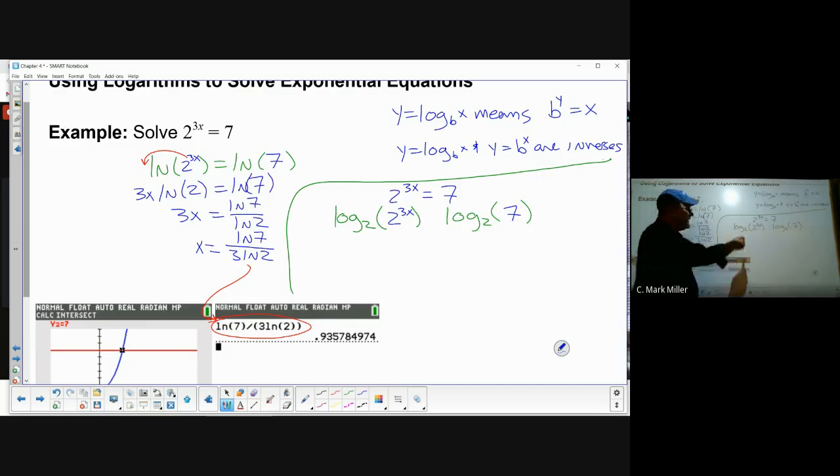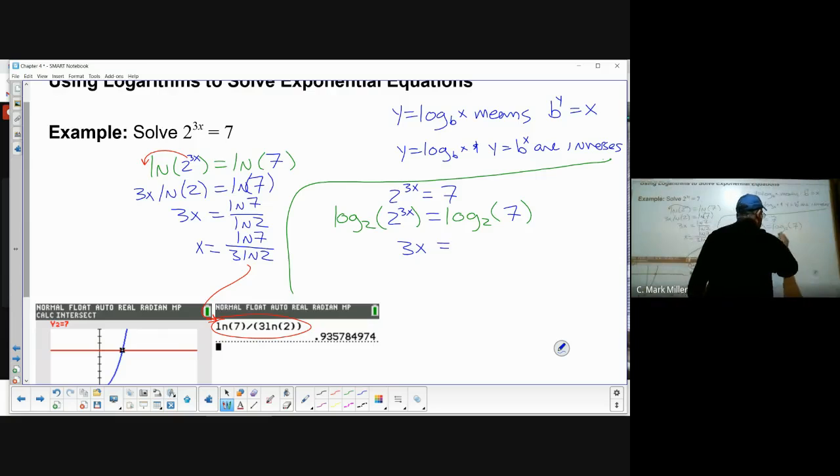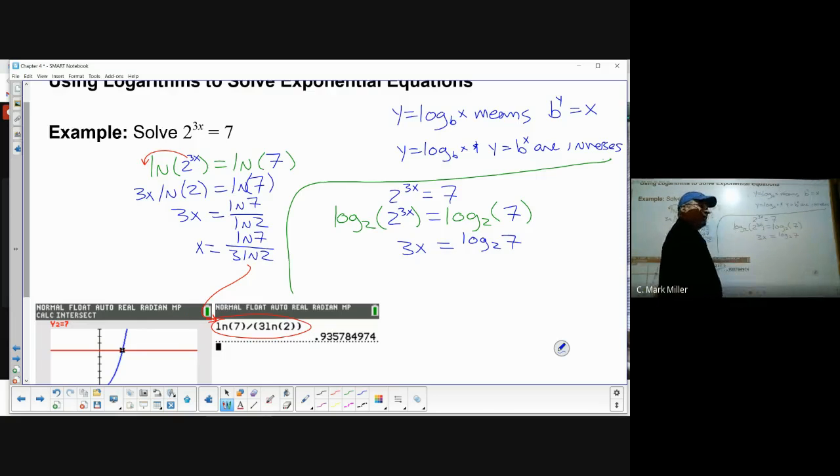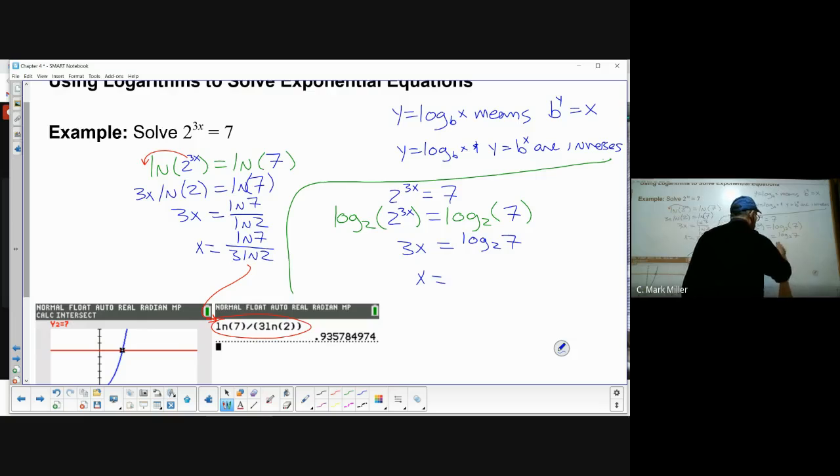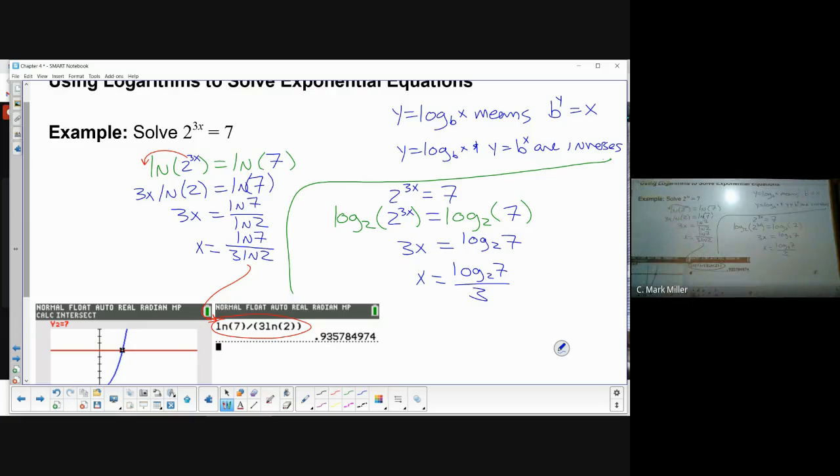So Diego is saying that is just 3x on the left, and that is log base 2 of 7 on the right. And so x equals log base 2 of 7 divided by 3. And that looks different than that.